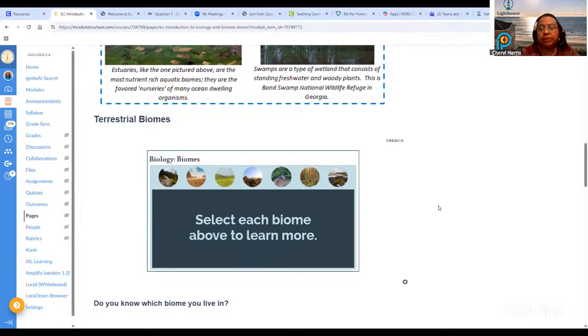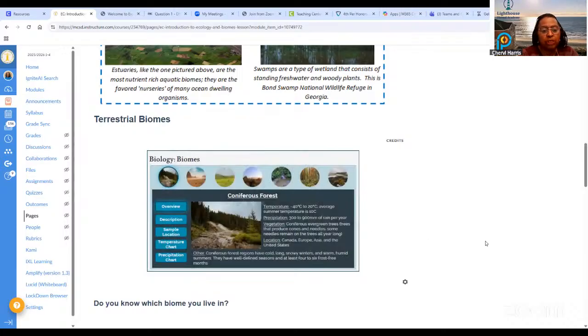All right, I'm going kind of quick, but trying to show you things that you need to focus on. Different types of biomes. When you click on each of those circles, it'll give you a description of that biome. So, coniferous forest. All biomes are described by temperature, rainfall, and location on the planet.